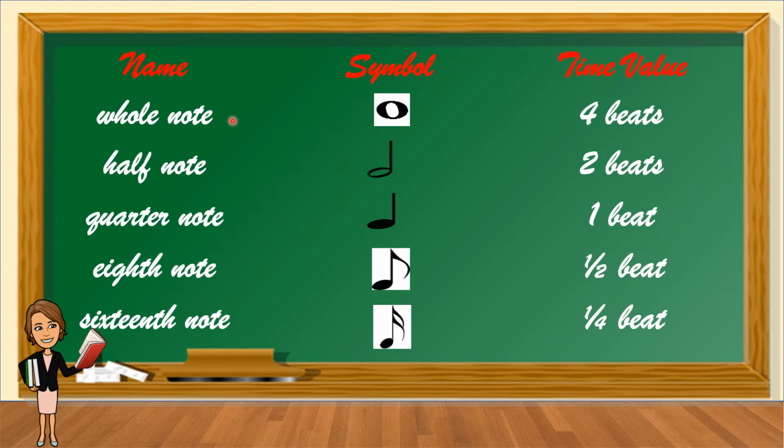So we have the whole note, the symbol, and the time value is 4 beats. Half note, the symbol, and it received 2 beats. The quarter note, the symbol, and the time value is 1 beat. Eighth note, the symbol, and the time value is half beat. And the last note is the 16th note, the symbol, and the time value of this note is 1/4 beat.